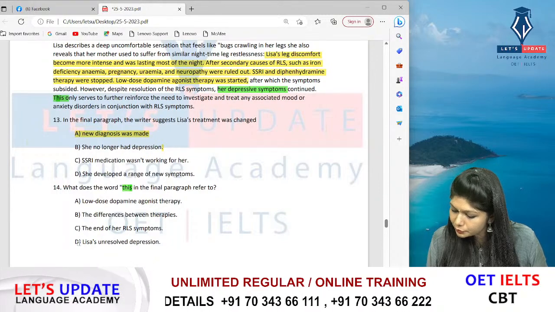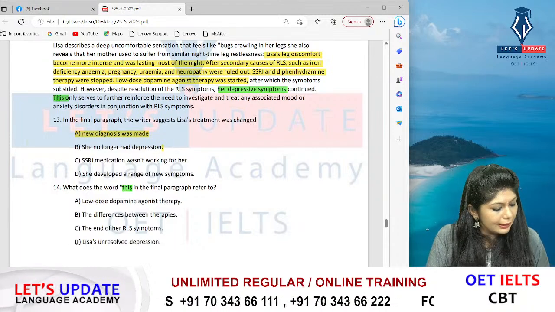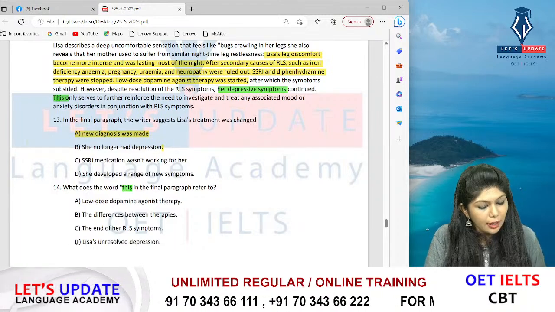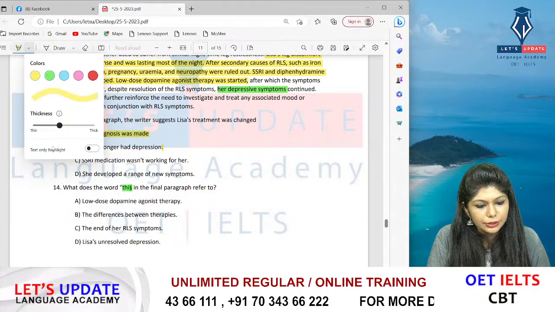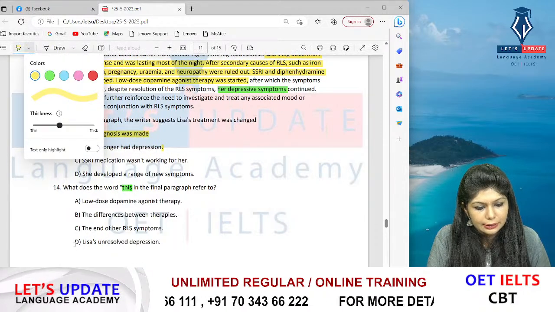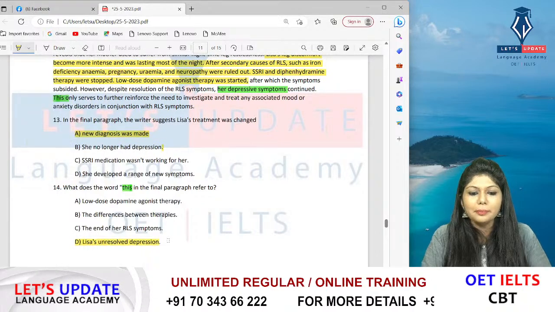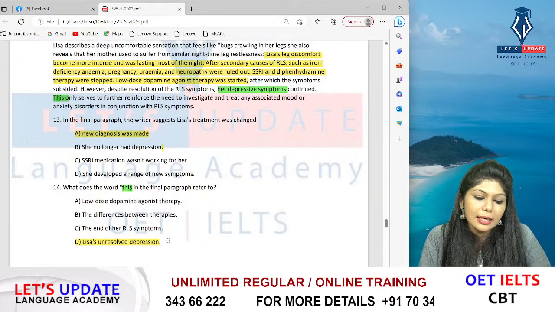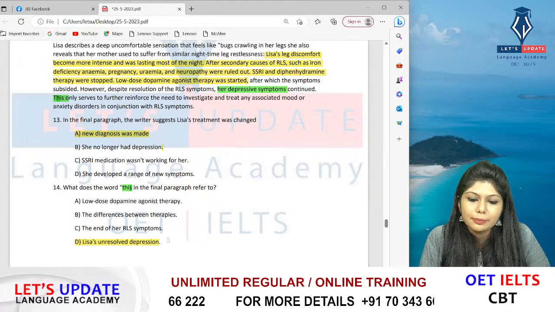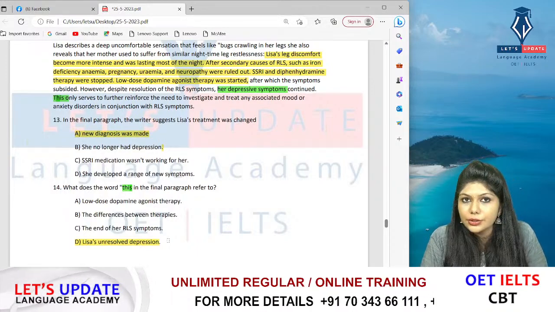It should be option D, Lisa's unresolved depression. That means her depressive symptoms. Both mean the same. I hope that is clear to you and you have understood this.